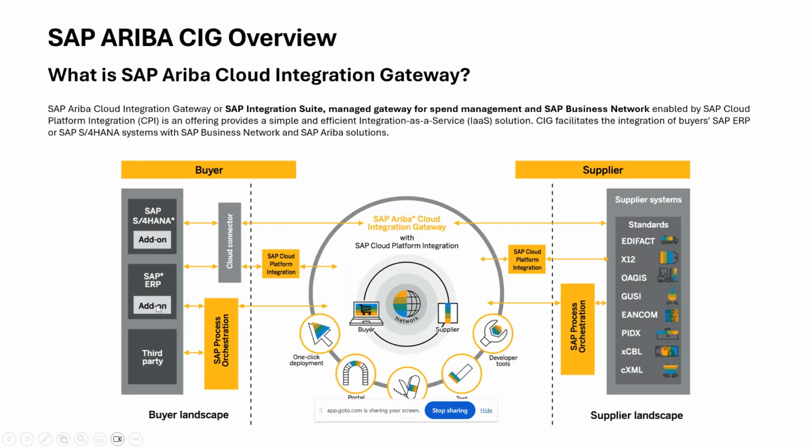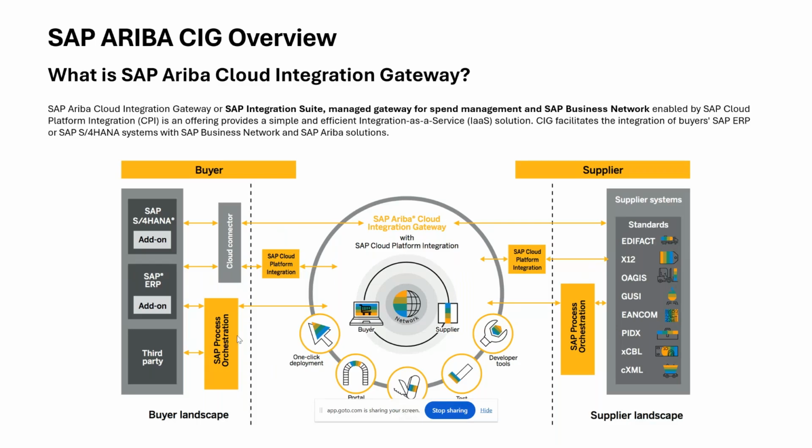Using the Ariba CIG add-on, we're going to connect Ariba buyer solutions with their SAP ERPs using a component called Cloud Connector for the on-premises ERPs. There are different ways to connect this. You can use CPI also between CIG and ERP. It all depends on your use case, but generally this picture represents different ways of connecting CIG with the SAP ERPs.